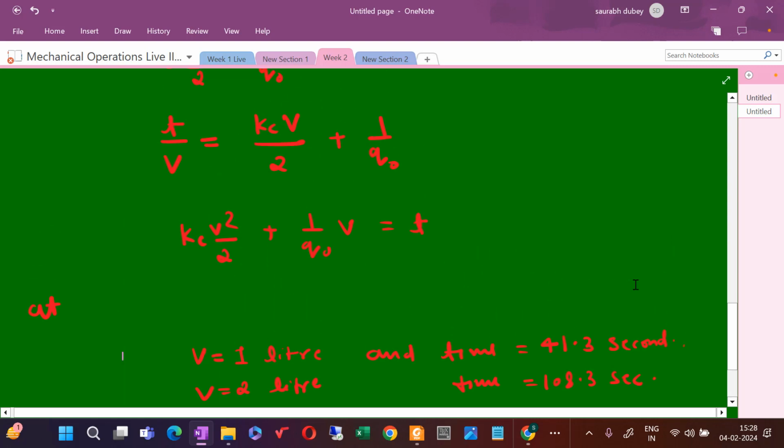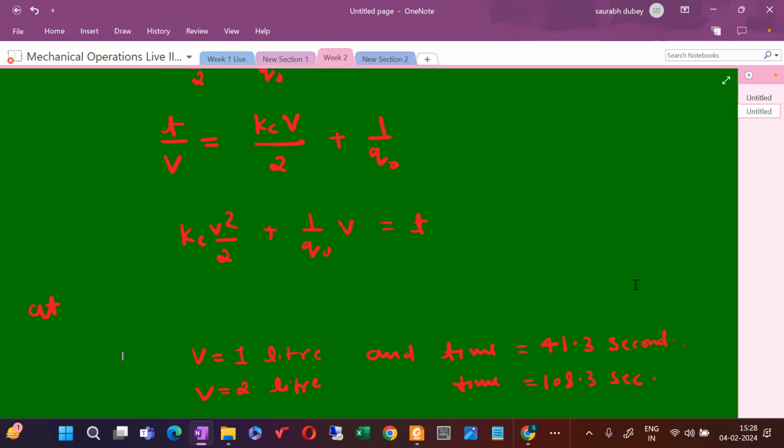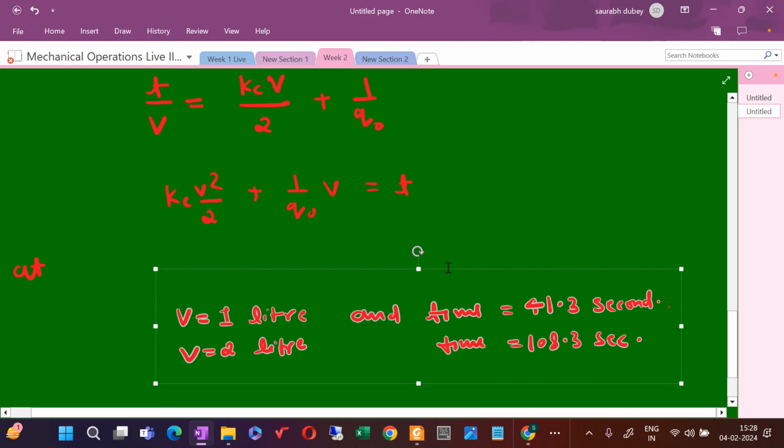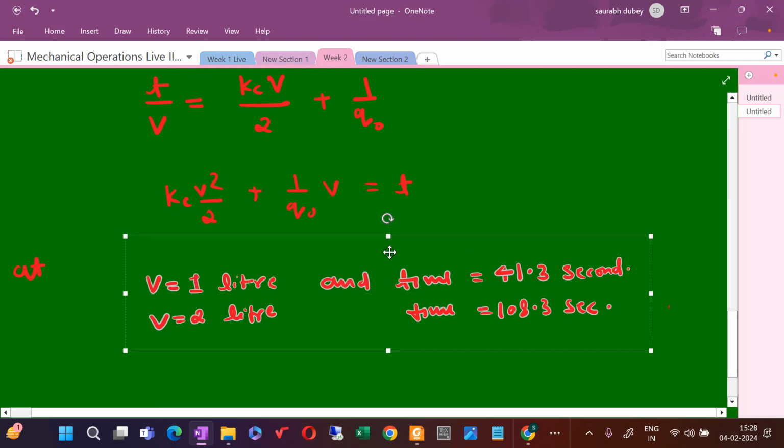And what is V? V is the total volume of the filtrate collected. So total volume of the filtrate collected is the V, and this value is given.